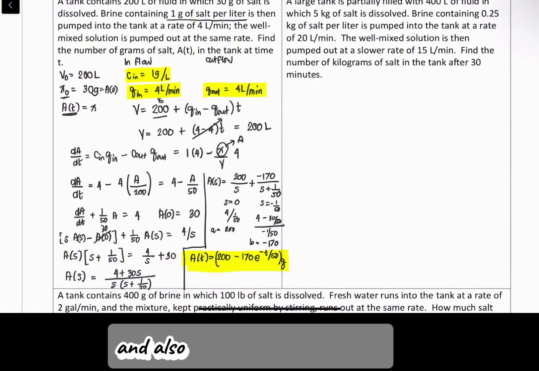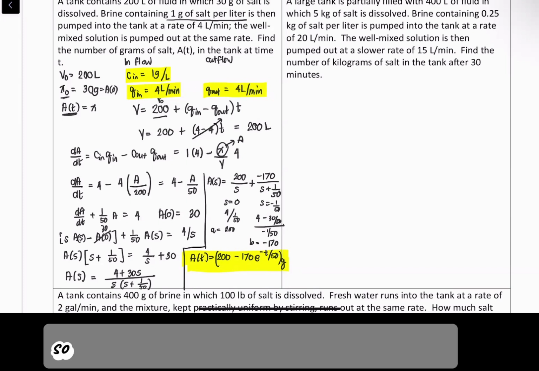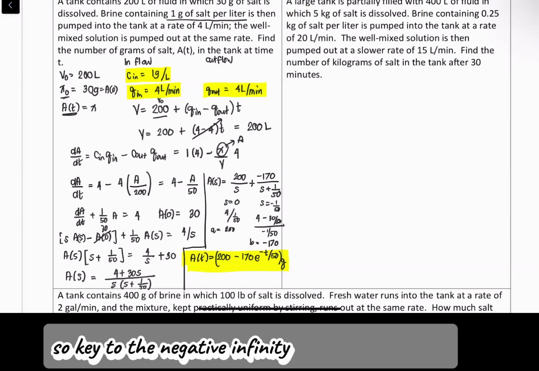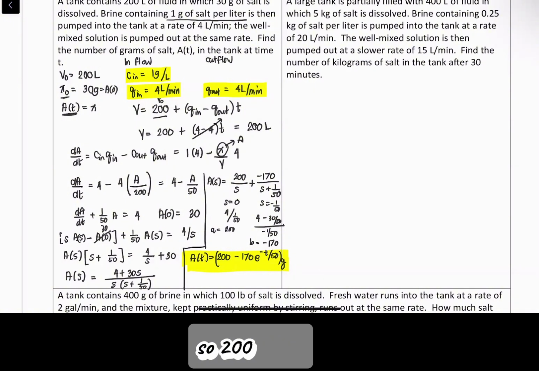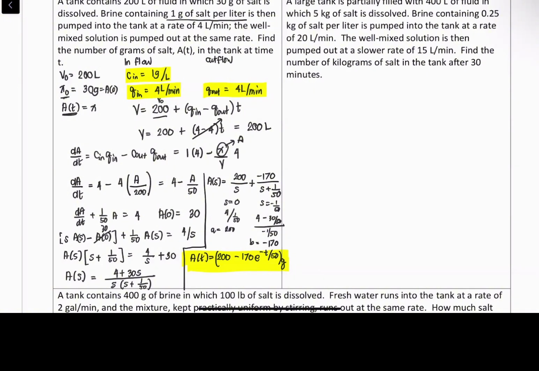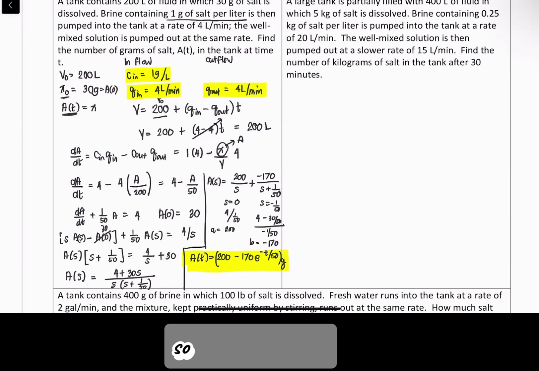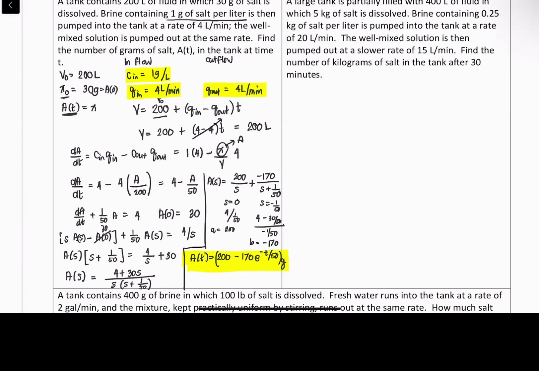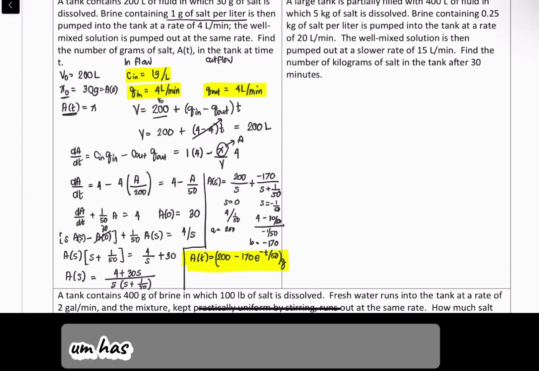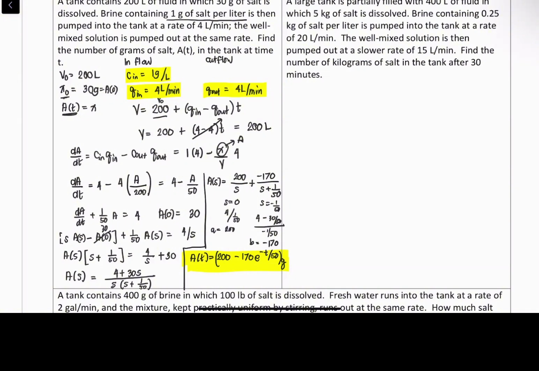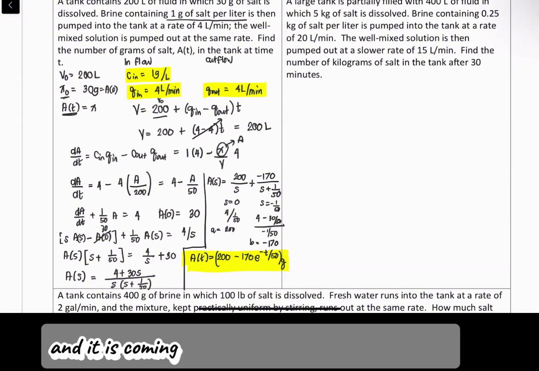And also, as t approaches infinity, e to the negative infinity is approaching 0, so 200 grams. So the fluid going in has a concentration of 1 gram per liter, and it is coming in at a rate of 4 liters per minute.